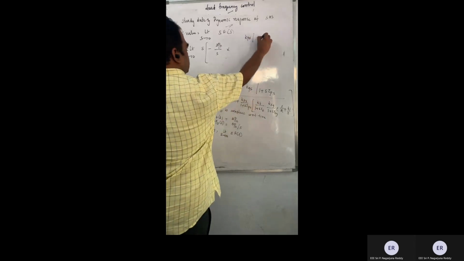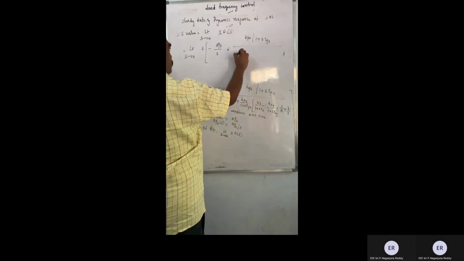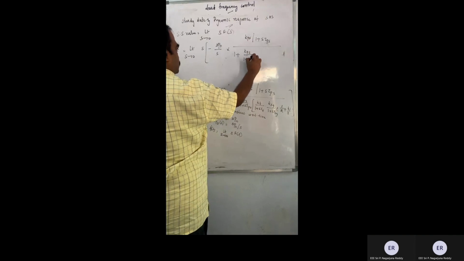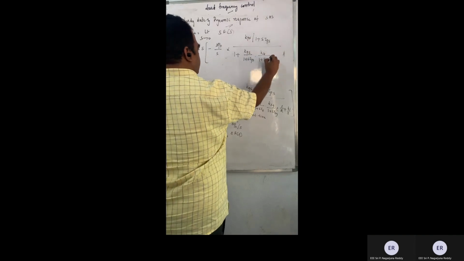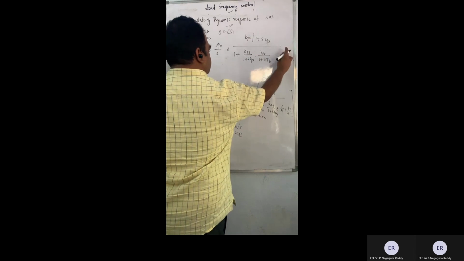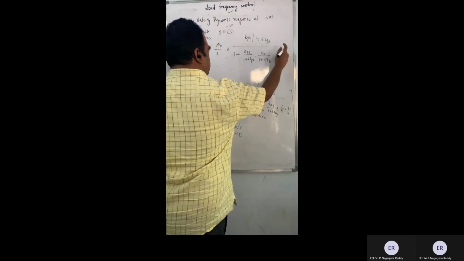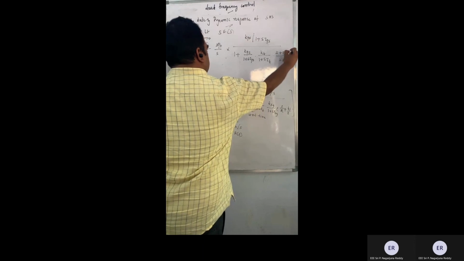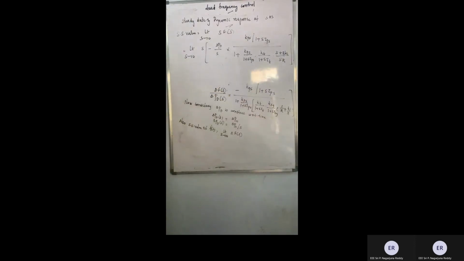Kps by 1 plus s into 2ps by 1 plus kps by 1 plus s 2ps into kt by 1 plus s 2t into, I'll take the LCM of this one. This is SR plus S plus RK. Okay. So this is my transfer function.